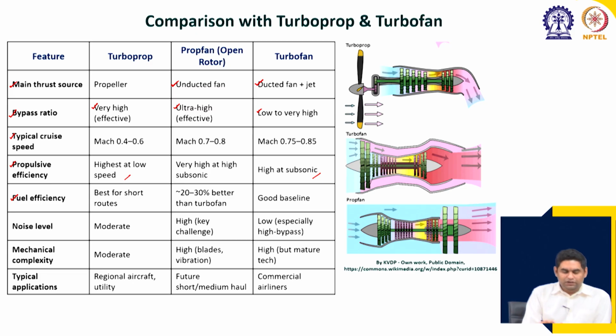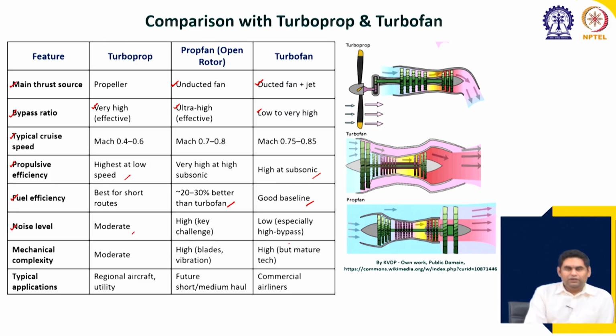When the velocity is least, we get the best fuel efficiency. Prop fans have good fuel efficiency as compared to turbofans. Okay. Turbofans themselves have very good efficiency as compared to turbojets, but prop fans can hypothetically achieve even better fuel efficiency. Okay. Noise levels are moderate for turboprops.